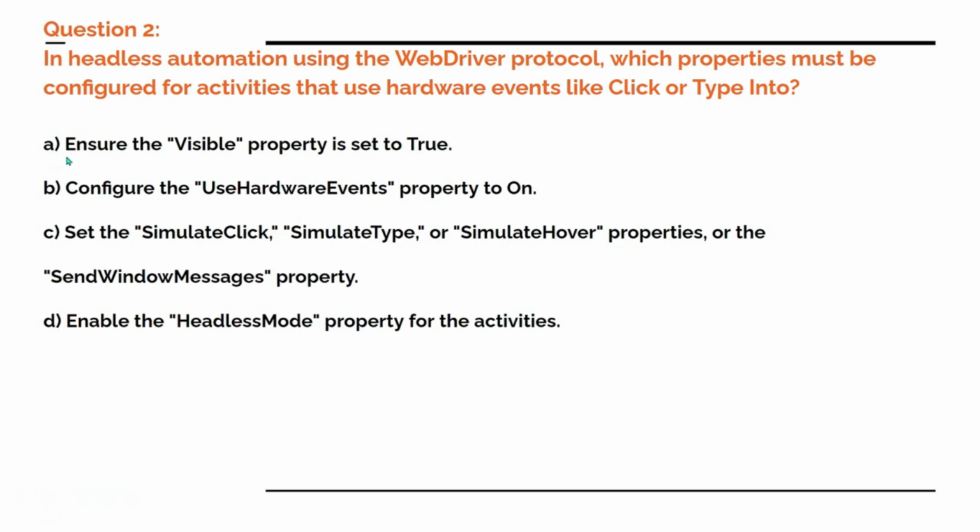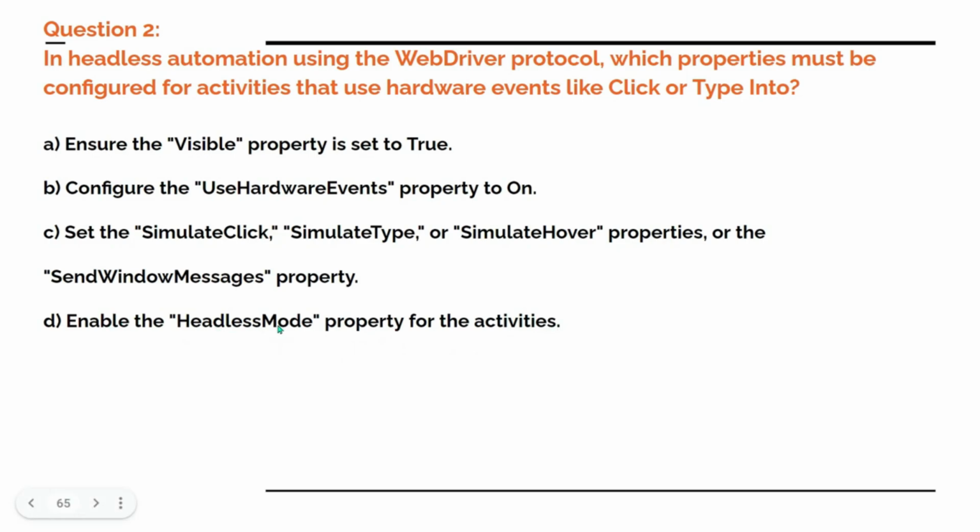Option A, ensure the visible property is set to true. B, configure the use hardware events property to on. C, set the simulate click, simulate type, simulate hover properties or the send windows message property. So you have to set or turn it on. D, enable the headless mode property for the activities. Do you need to turn on the headless mode?